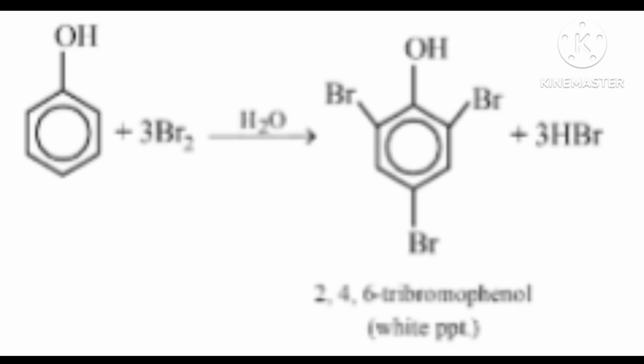The usual halogenation of benzene takes place in the presence of Lewis acid such as AlBr3, which polarizes the halogen molecules. What is the use of AlBr3 here? It polarizes the halogen molecules.